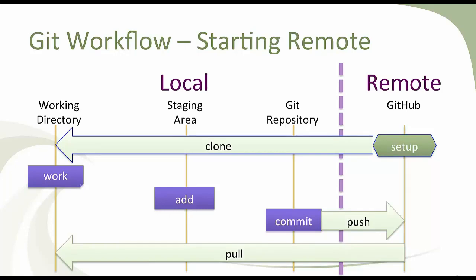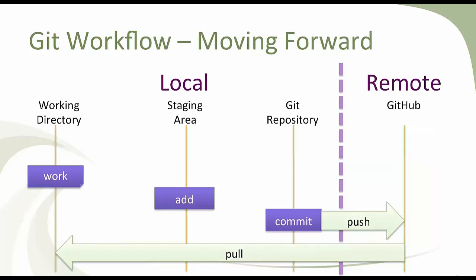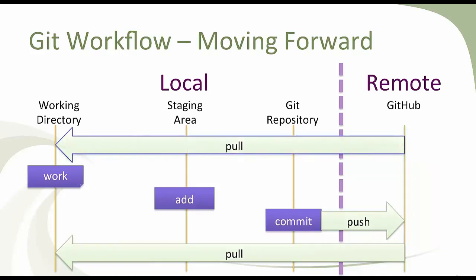And when we're ready, we'll push our changes back up to GitHub and pull down any changes that may have occurred. Moving forward, anytime you want to begin new work, you need to pull down any changes that may have occurred while you were away. And then we'll work through the same steps that we did before, where we work on our changes, add to the staging area, and then commit to our Git repository before finally pushing our changes back up to GitHub.